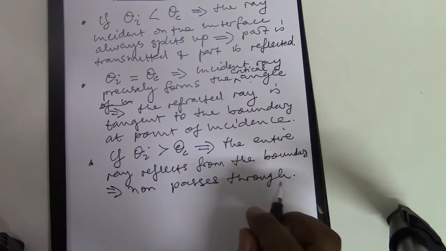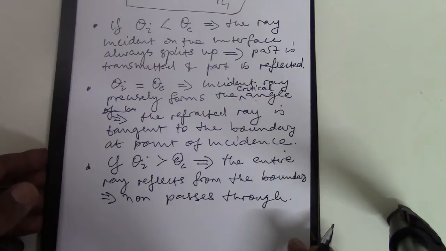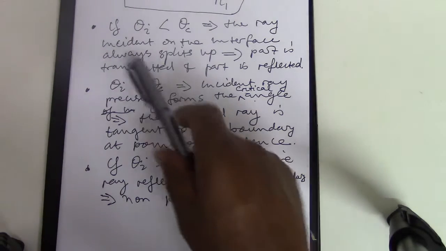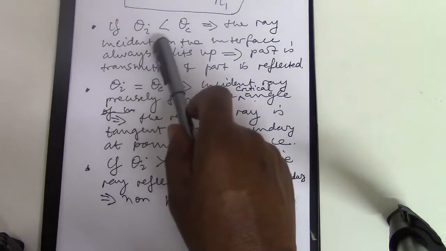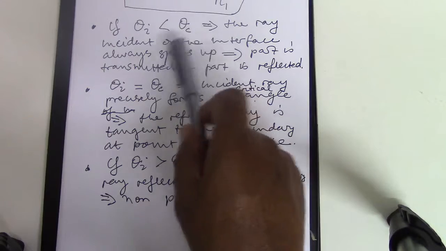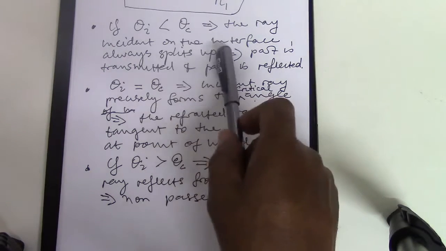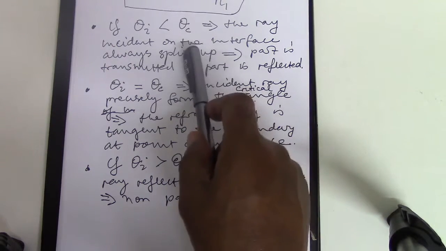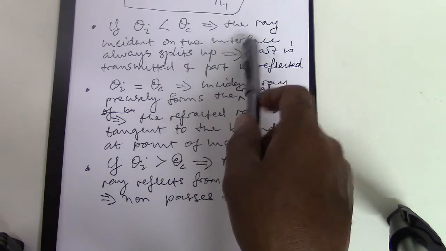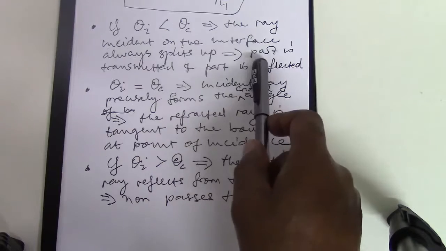Now check. What are we saying? In the first case, as long as the angle of incidence is less than the critical angle, the ray divides when it reaches the interface. Part of the ray is transmitted, that is refracted, part is reflected.